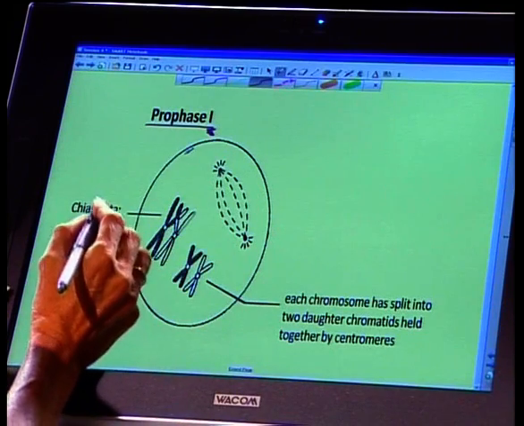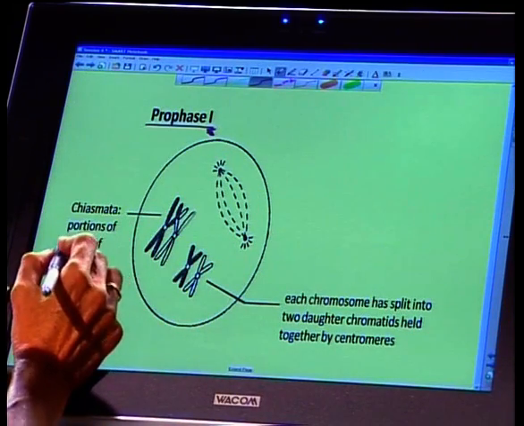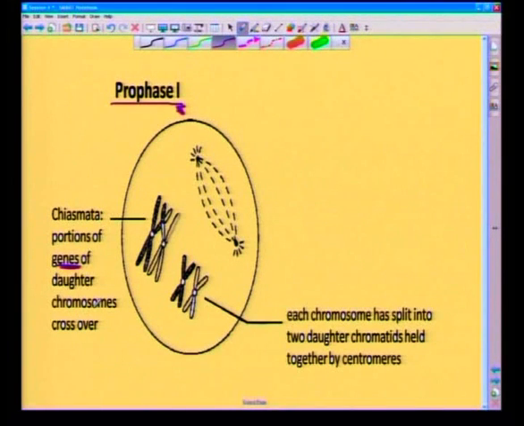So here we have a chiasmata. Portions of the genes of the daughter chromosomes cross over, and this is your biggest difference between meiosis and mitosis. With mitosis, you literally take that nucleus and it doubles up on itself.